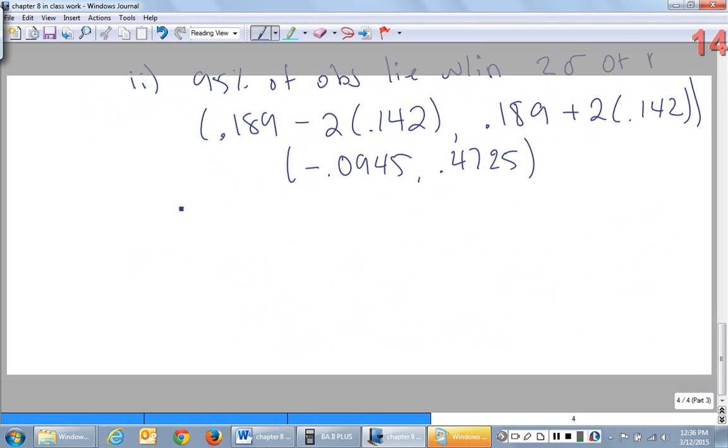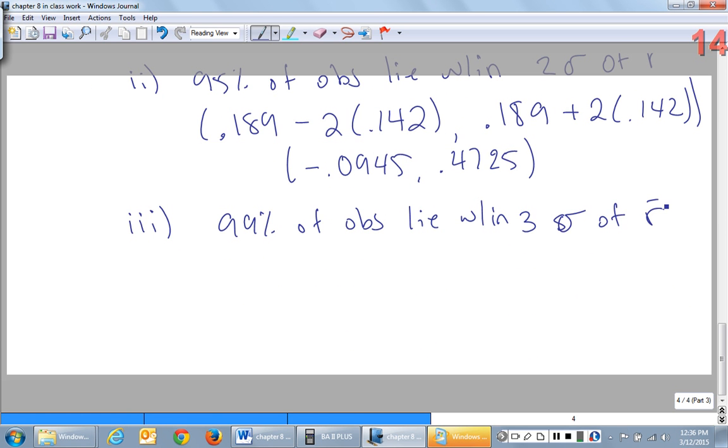And finally, 99% of observations lie within 3 standard deviations of our expected return.